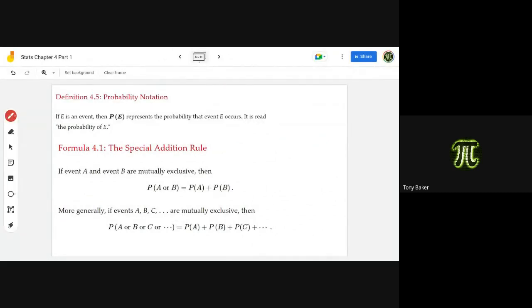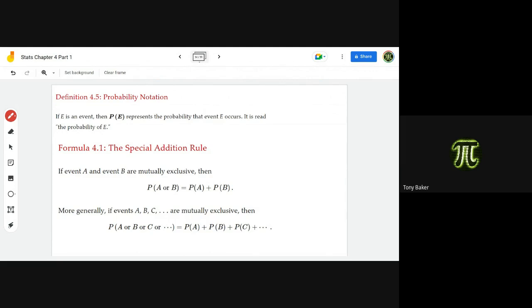All right, so here's the formula that we just did. If the events are mutually exclusive, then you can just add the probabilities together. And that counts for as many events as you want.